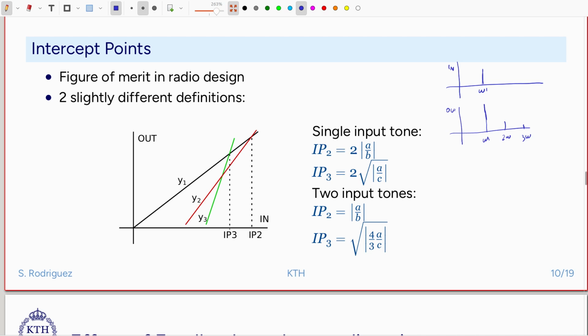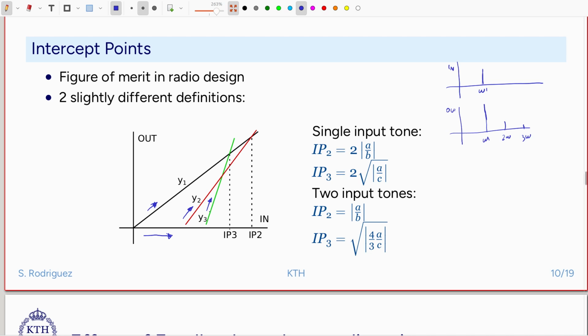Well, if we increase the input power, we see that the fundamental is growing with one slope. The second order, which is quadratic, is going to grow faster. The slope is twice. And the third order naturally will grow much faster because it has a cubic dependence.